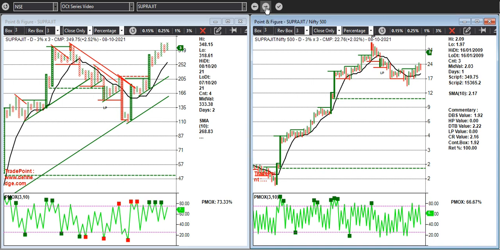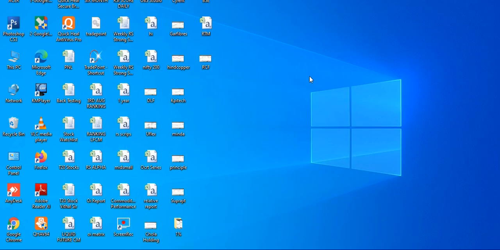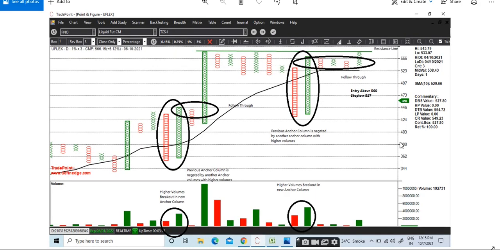Yeah, guys. So these were the stocks that I wanted to discuss with you. There is another chart that I would want to discuss, I think RCF, right? So I posted this chart somewhere, right?